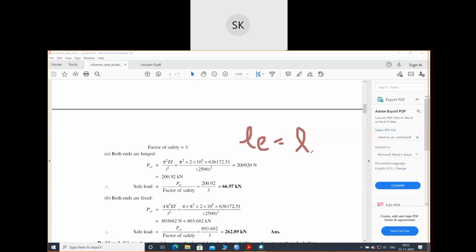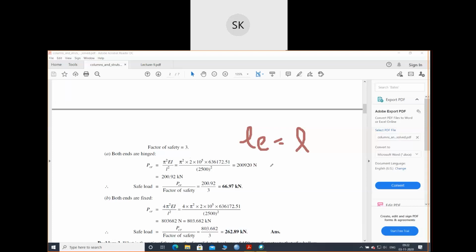For both ends hinged, your effective length is simply L. So the formula will remain the same, pi square EI by L square, the general formula. Put the values of E, I, and L, and you'll get the value of crippling load.